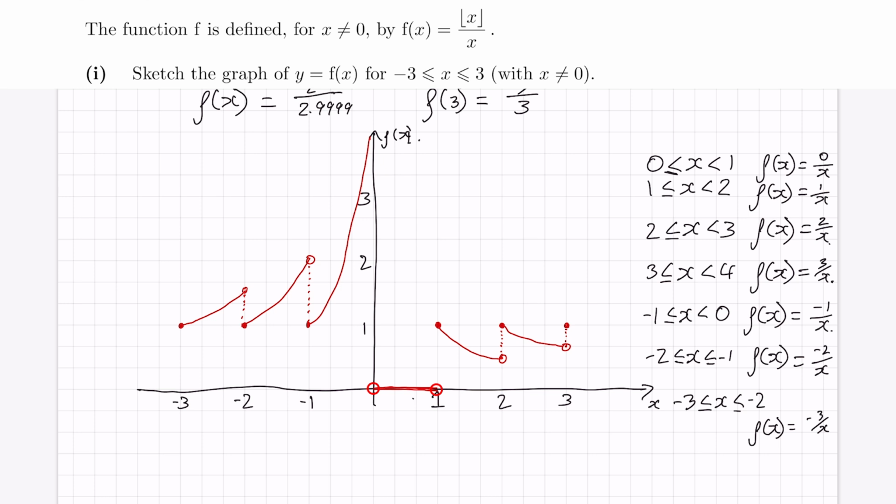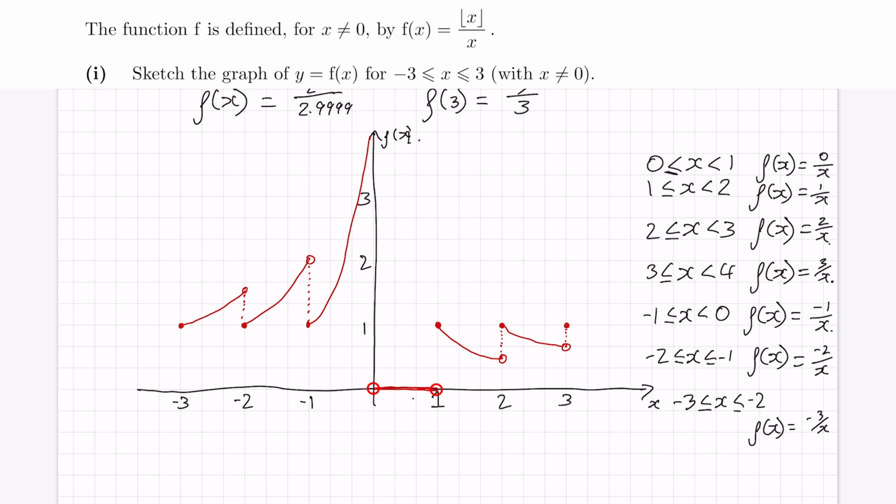Okay, so on both sides, what does this look like? We're getting these repeating patterns, but each time it's not going as far. On the positive side, between 1 and 2, it goes to 1.5. Between 2 and 3, it goes from 1 to 2/3. And as I've already drawn, between 3 and 4, it goes from 1 to 3/4. On the negative side, between -1 and 0, it goes from 1 to infinity.